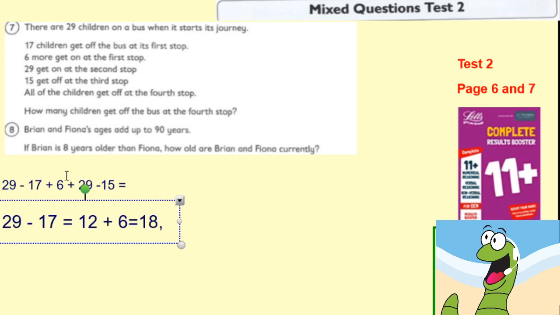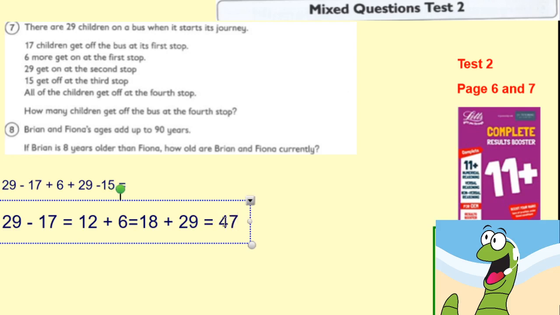And we now need to add, because 29 get on, we're going to add 29. So 18 plus 29, 9 plus 8 gives us 17, 2, 3, 4, 47.